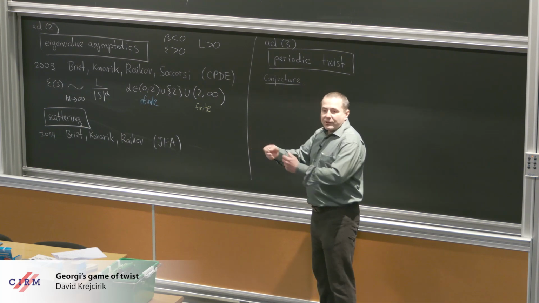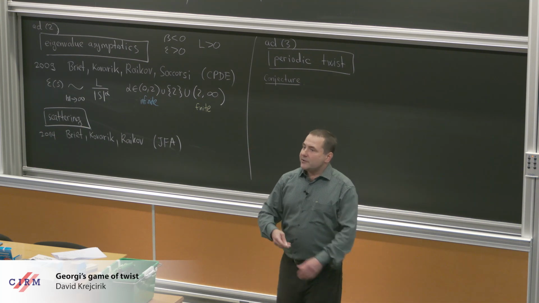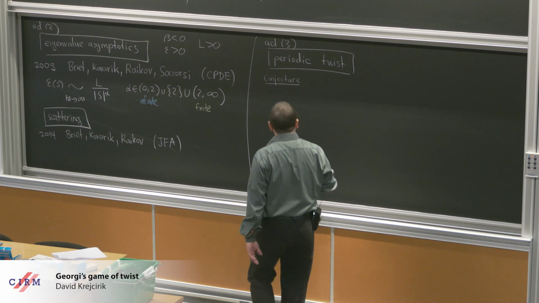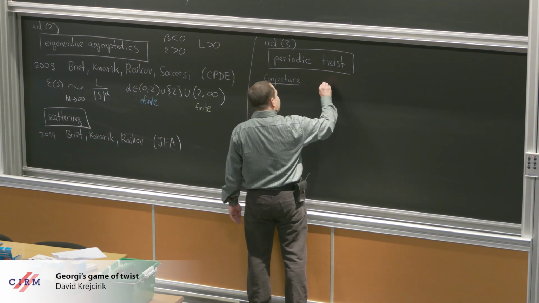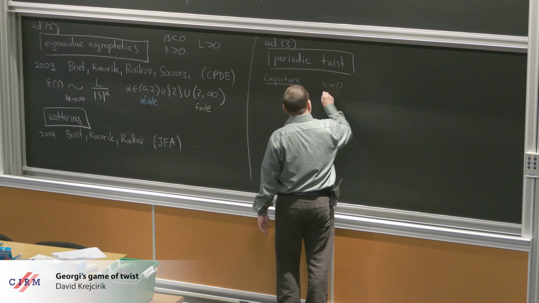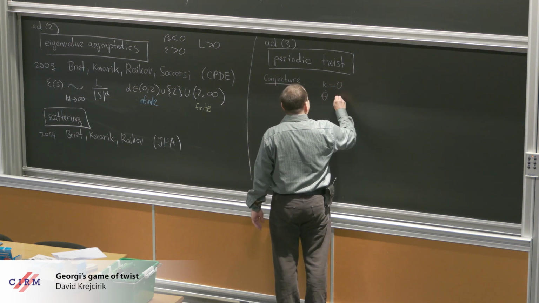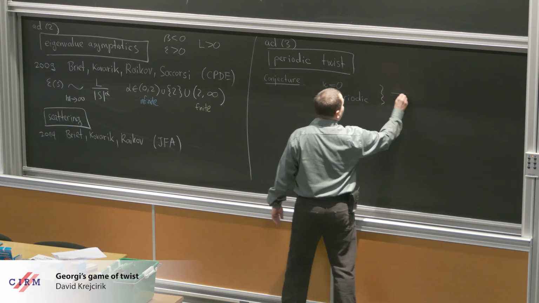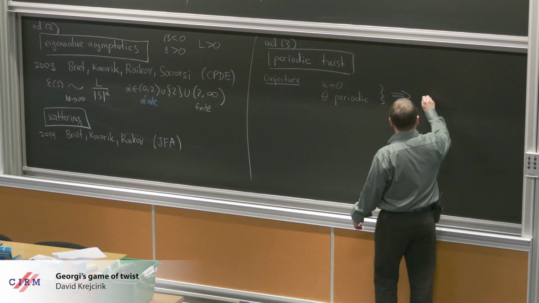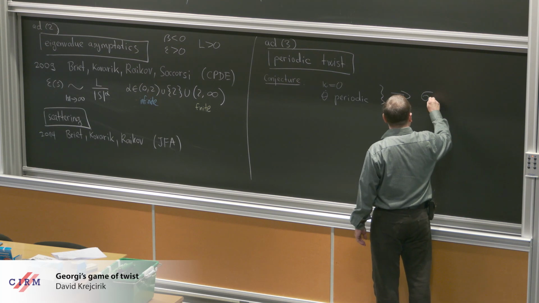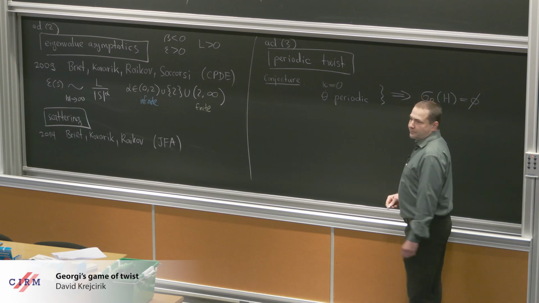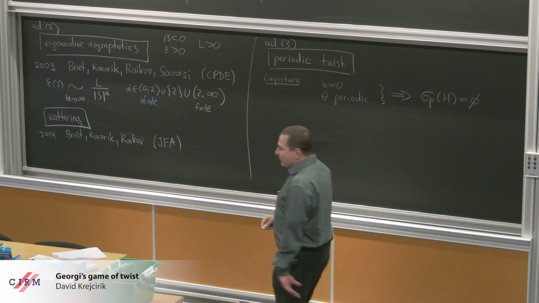The common belief that if you have a periodic system, then the spectrum is absolutely continuous. So in this case, in particular, if kappa is equal to 0, theta dot is periodic. So you expect that the spectrum, the point spectrum in particular, is empty. So this is a common belief.